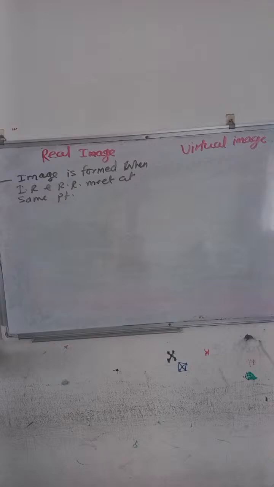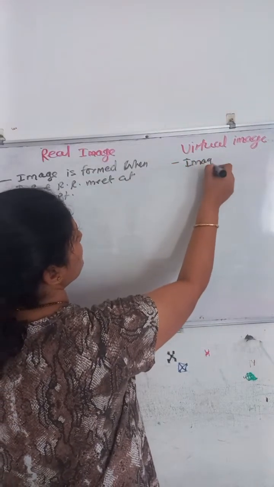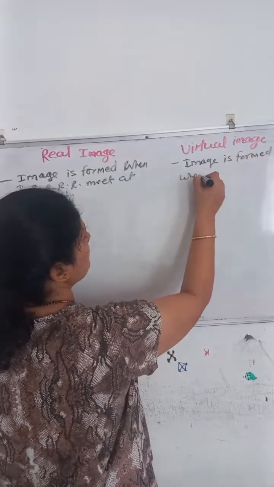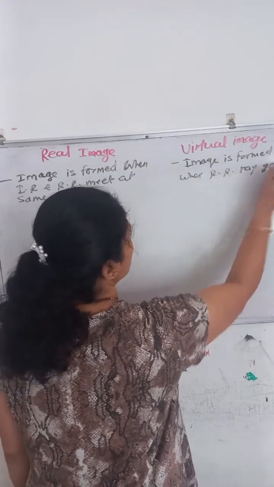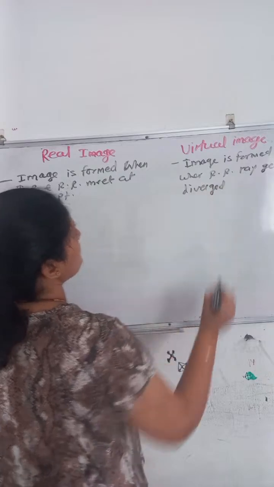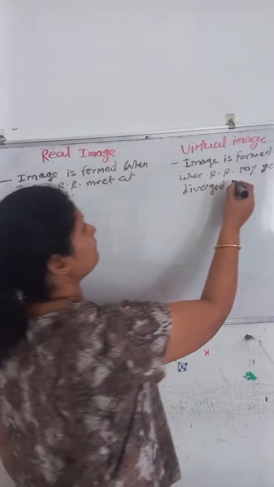And virtual image, we can say that it is formed when light rays reflect and diverge from the same point. Here the image is formed when the reflected rays get diverged from the same point.